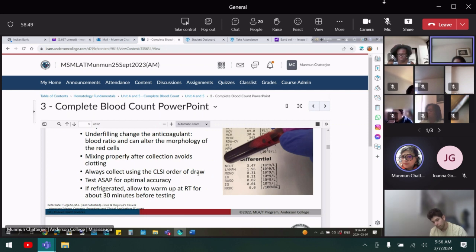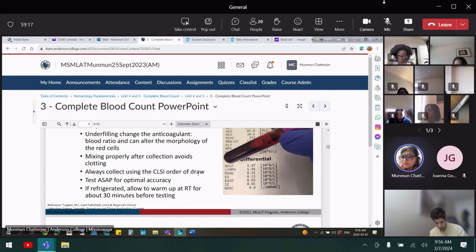I'm just wondering, what tube is for electrolytes? Then I know the order of draw. So what is going to be the order of draw? If doctors ordered electrolytes, then the CBC or complete blood profile, and the fasting blood sugar.